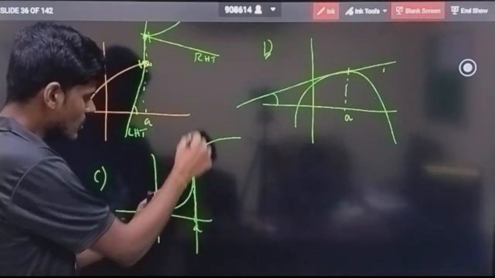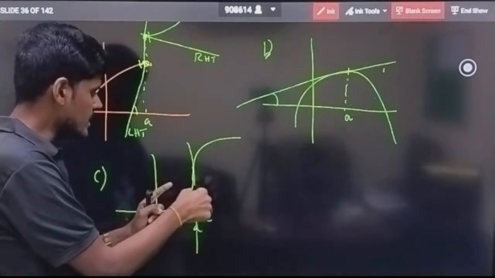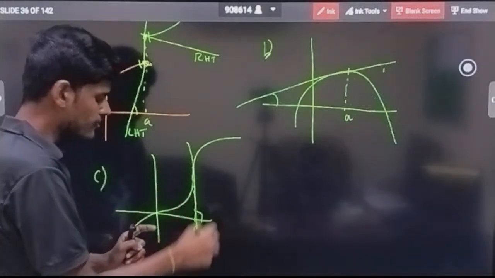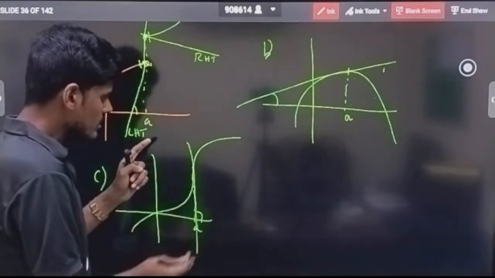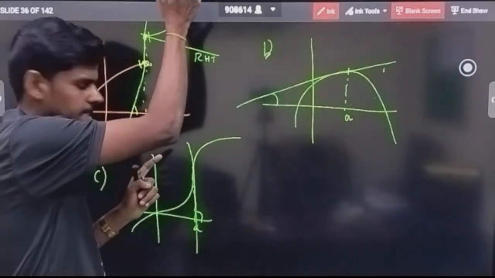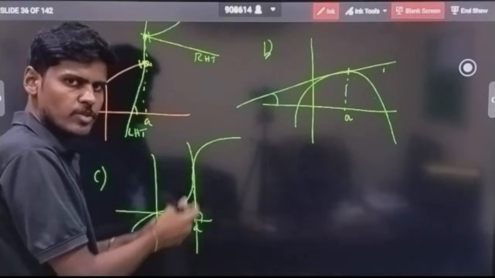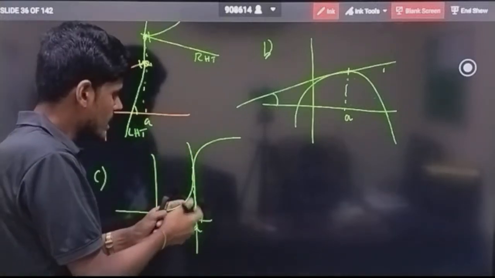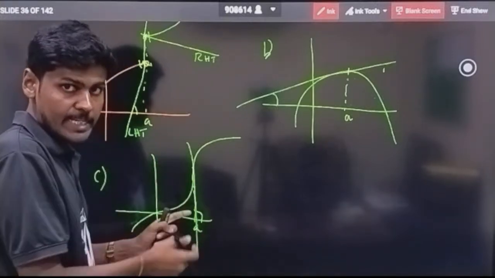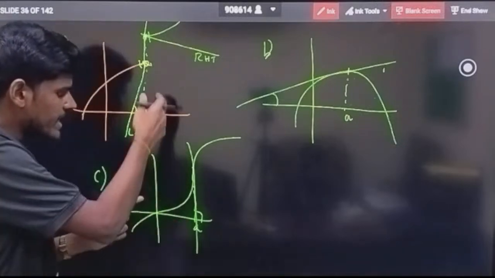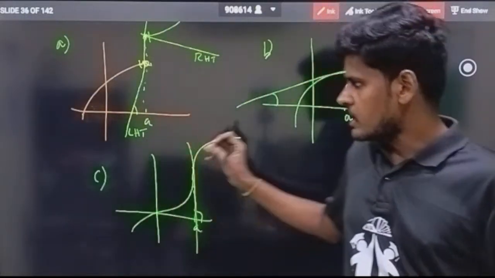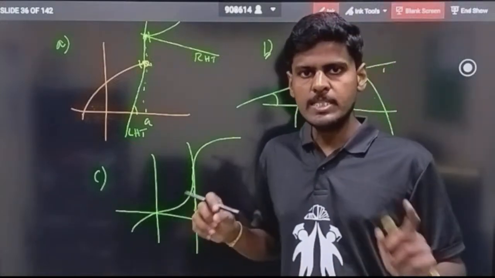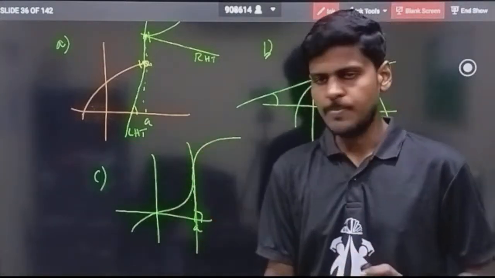That means the slope of the tangent is actually infinite, because this line is parallel to the y-axis. When the slope increases exponentially, the slope is actually infinite. It is actually a vertical tangent. So whenever there is a vertical tangent, this function does not have a finite slope, hence it is not differentiable at this point.